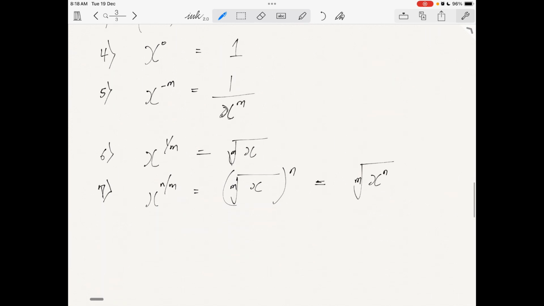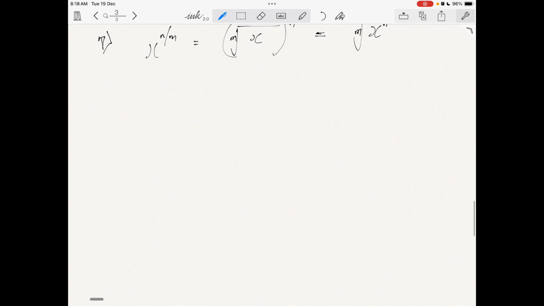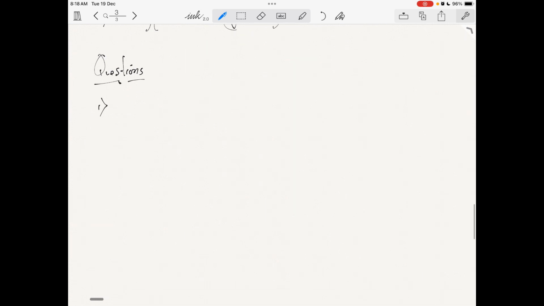So, basic questions. We could just take 2 questions and then move on. So we have 6x raised to the power minus 4 multiplied by 2x raised to the power 3 divided by 8x raised to the power minus 3.